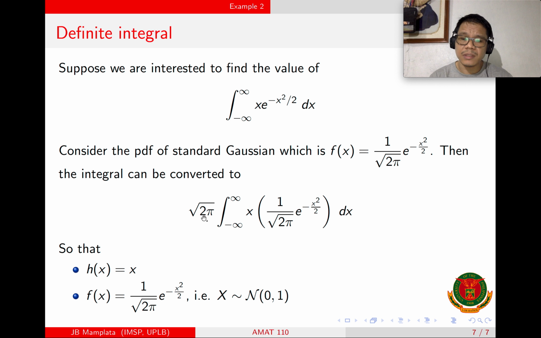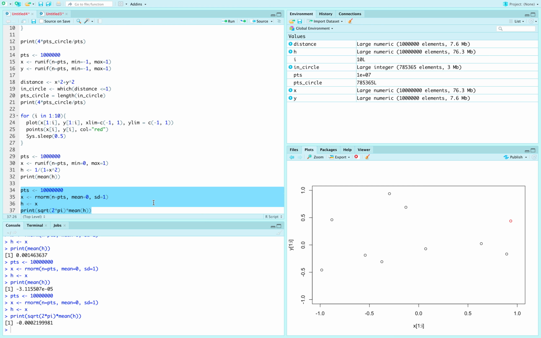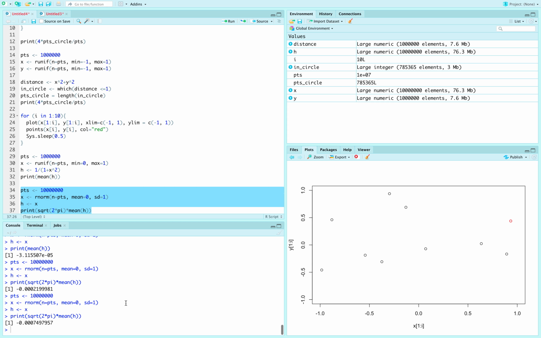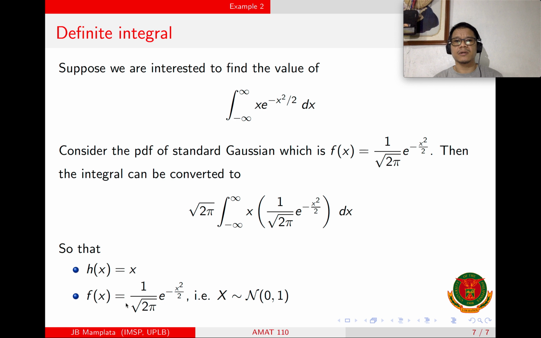Multiply it with square root of 2 pi, that will also be 0. So, the values you get should be close to 0. Okay? When you increase the number of trials or number of points, the value should be very, very, very close to 0 because indeed, the value of the definite integral is 0.